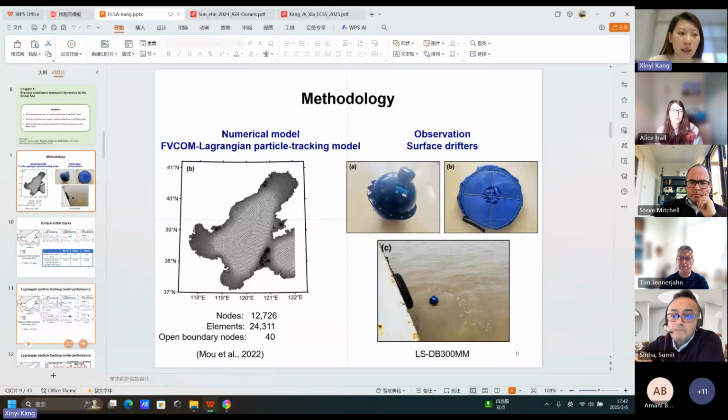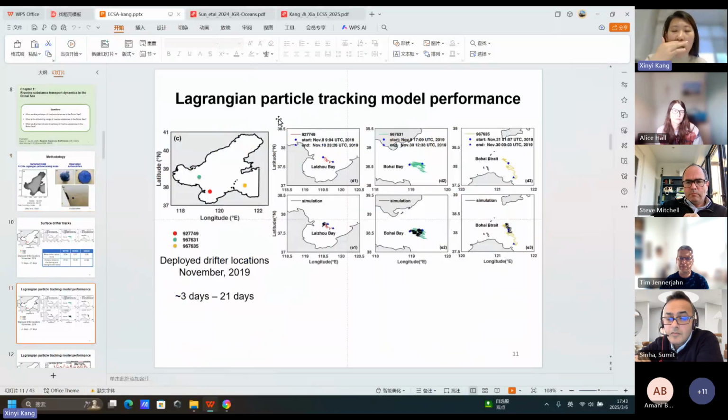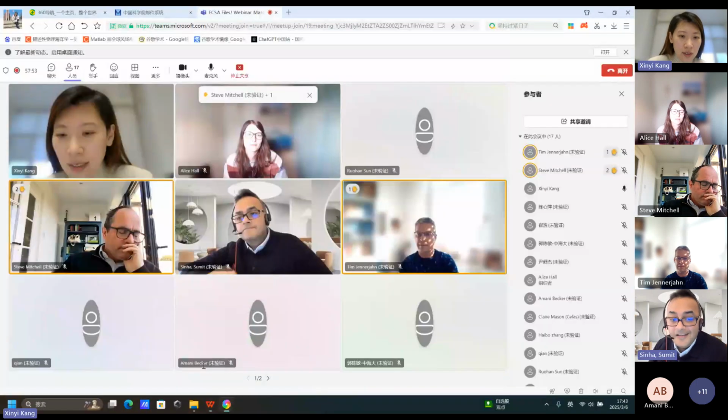And the particle tracking model only uses one CPU, so it's quick, maybe 20 to 30 minutes for 1 month. That's my answer. Did you have any more questions?